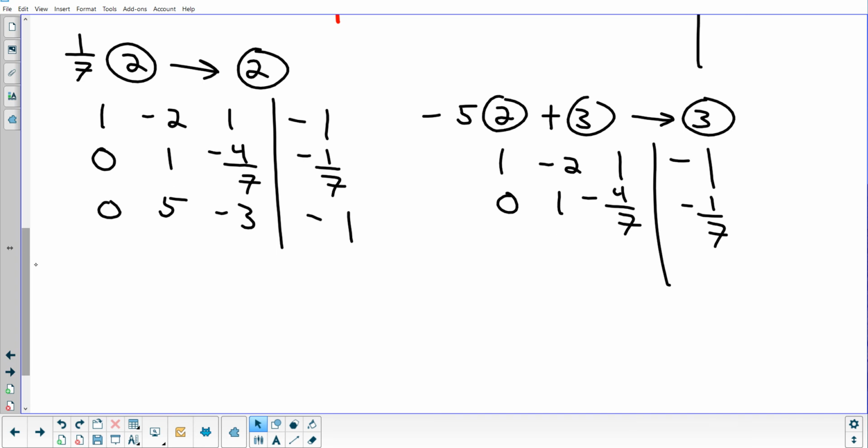And now we're going to do negative 5 times row 2 added to row 3. What's negative 5 times 0? 0. Plus 0, 0. 0. 1 times negative 5, plus 5? 0. So we're almost at the point where we're going to know z, because we don't have an x or a y in this last equation anymore.